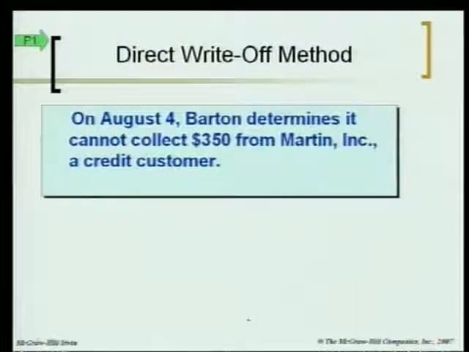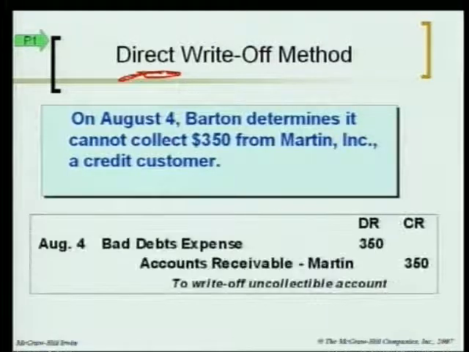For example, on August 4th, Barton determines it cannot collect $350 from Martin Inc., who owes us money, a credit customer. So what do we do? Now, this is the direct write-off method. Well, it's pretty easy. We debit bad debt expense, and we take the receivable off the books.